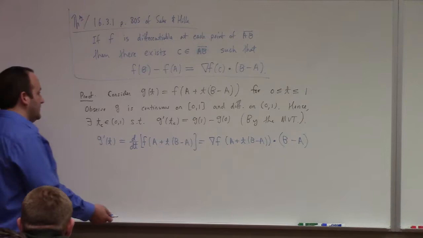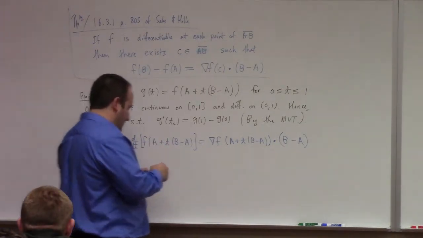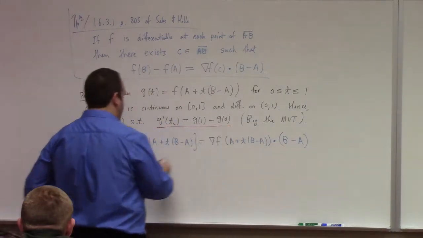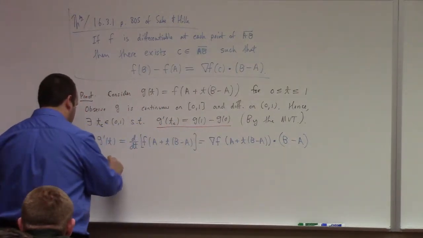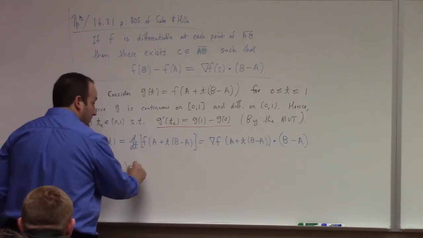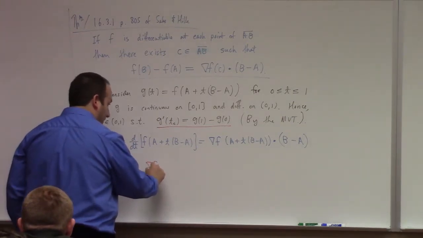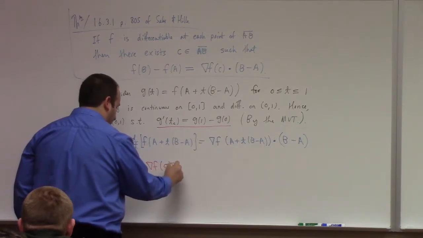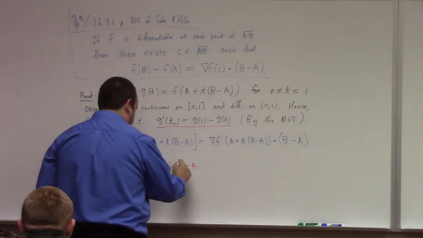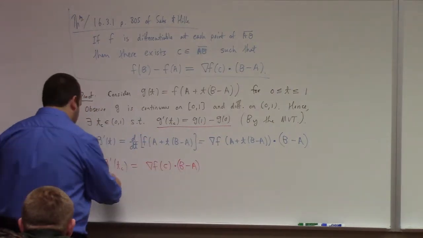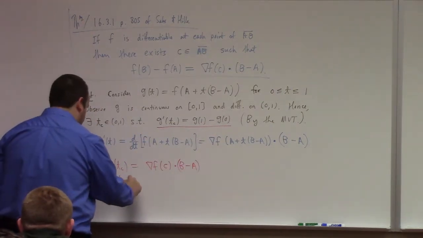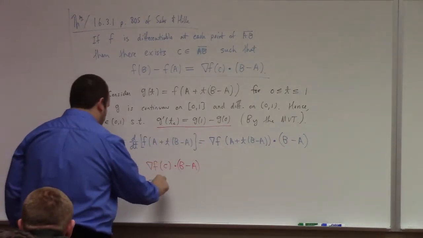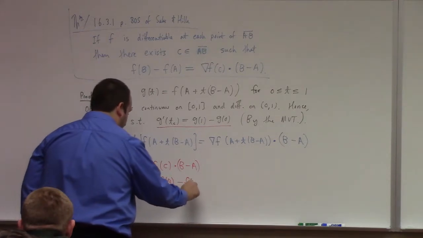So when we come back up to the result of the mean value theorem, what pops out? g prime of t sub c is equal to the gradient of f at some point c dotted with b minus a, but also g of 1 minus g of 0 is equal to f of b minus f of a.